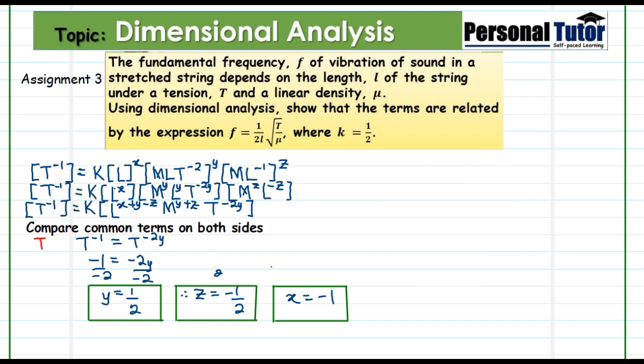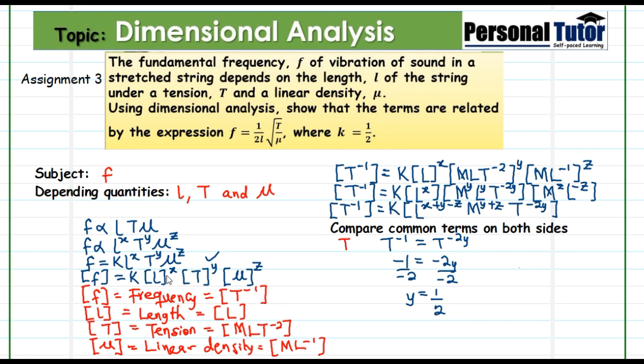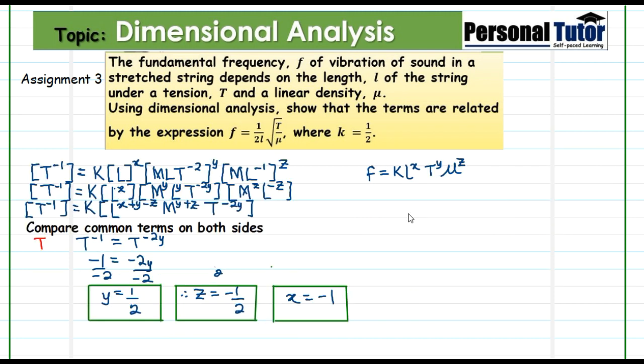With this, let's try to show the relation between the terms as expressed here. Let's not forget our earlier equation, which said f equals k L exponent s, T exponent y, mu exponent z. Let's now use this to try and see whether we arrive at what we are given. And I trust that surely we will arrive at that.